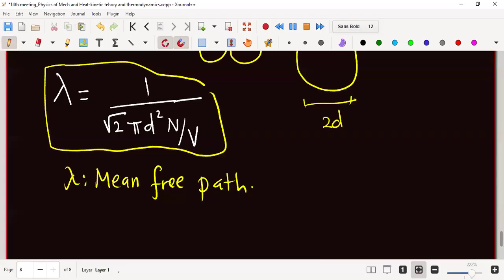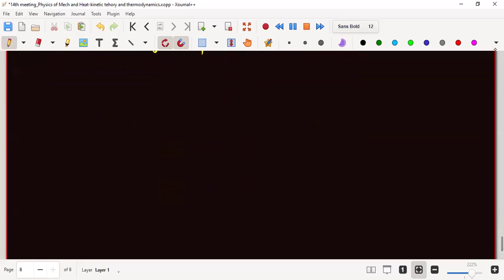We can consider that the molecule is moving, effectively sweeping out a cylindrical length. So here is the cylinder.